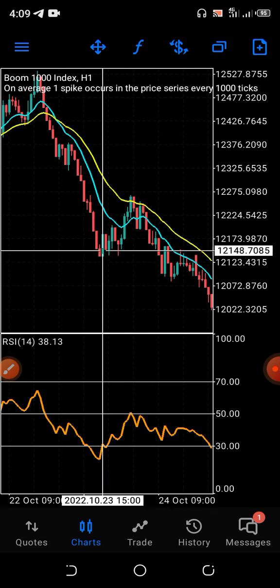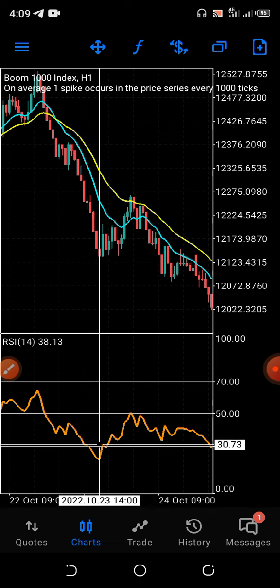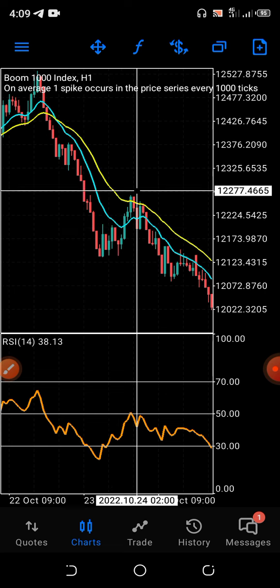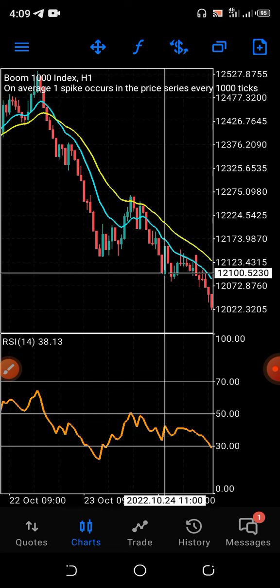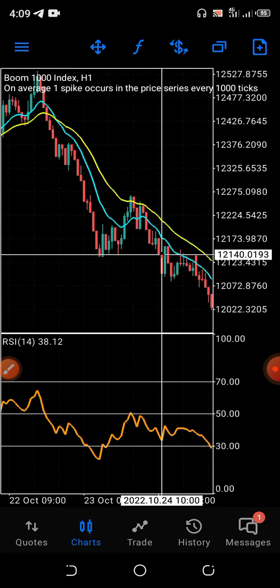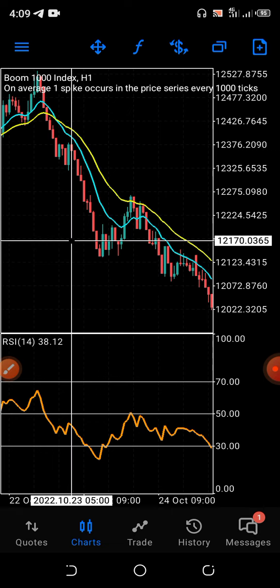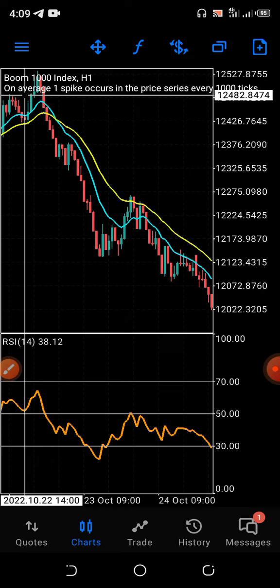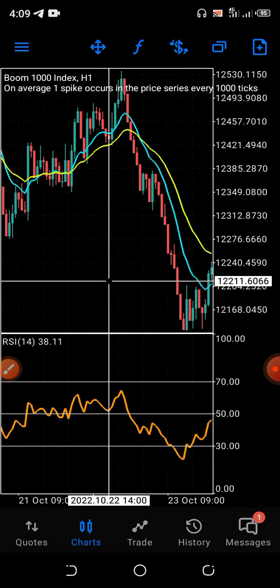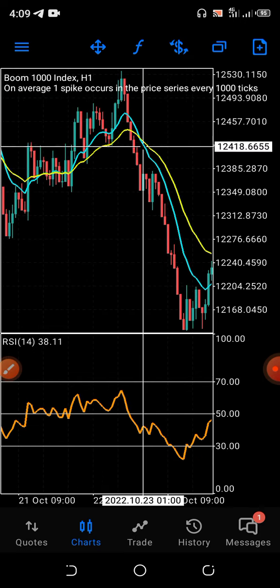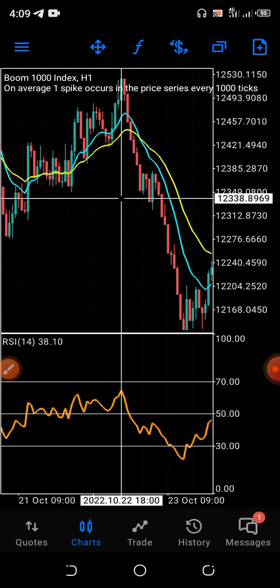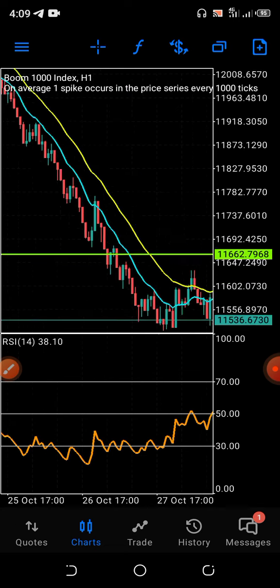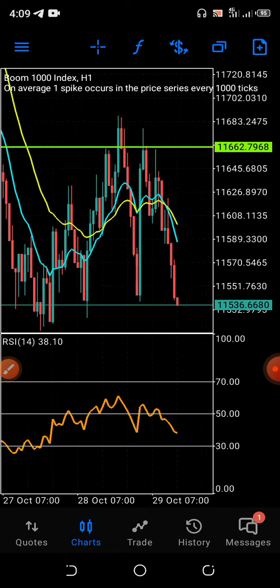But unfortunately, what touched 30 here reversed and continued, which is called the continuation of that trend. Because the supply zone was too strong from this angle, the sellers took over, and the demand zone is building now.